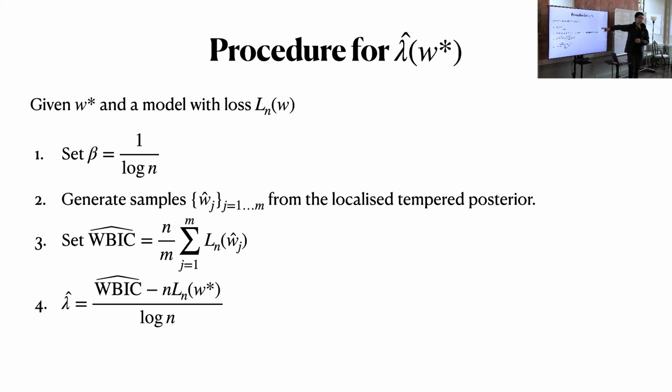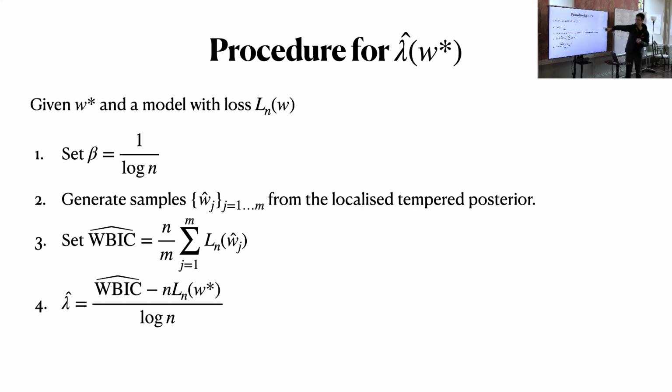So now you generate a bunch of samples from the posterior. The posterior average is just evaluating and taking the mean, right? So this is the MCMC estimated WBIC, equal to the posterior average. Here I'm writing this out in a slightly weird notation. No, there's no weird notation here.